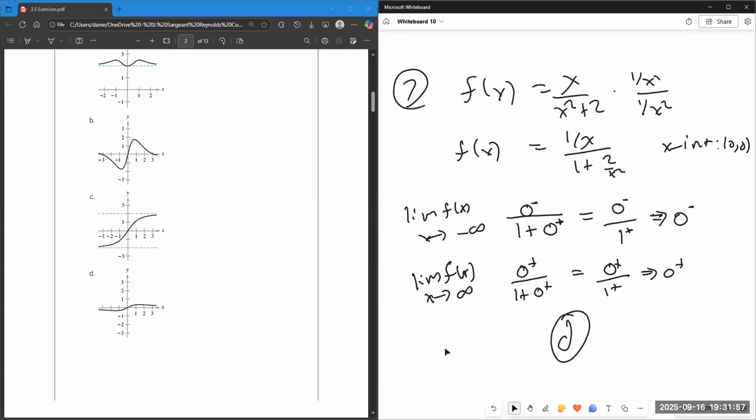We also could figure out some other information, such as that the y value at x equal to 1 is 1 over 3, a third, and we could look for 1/3.